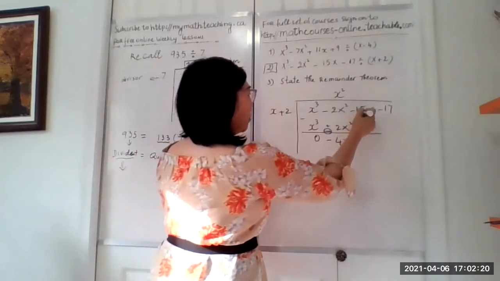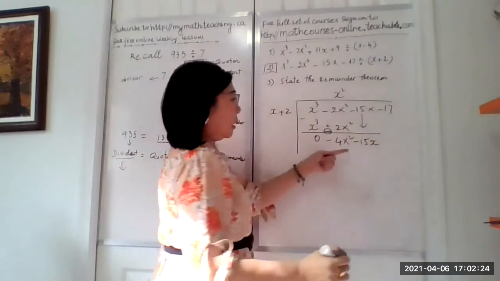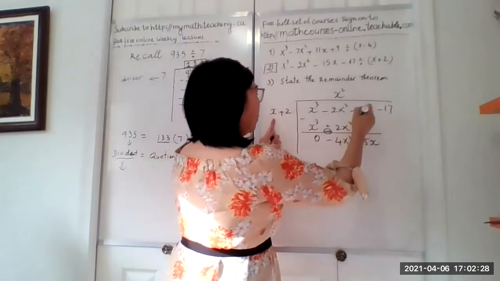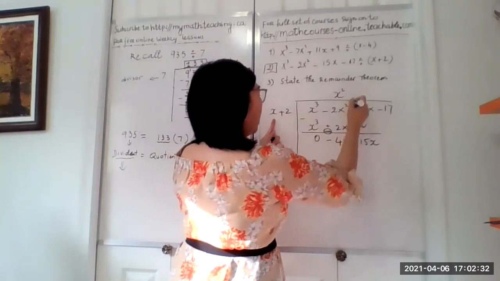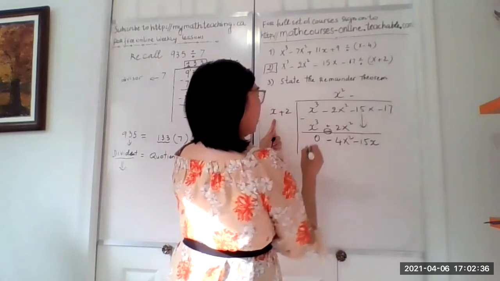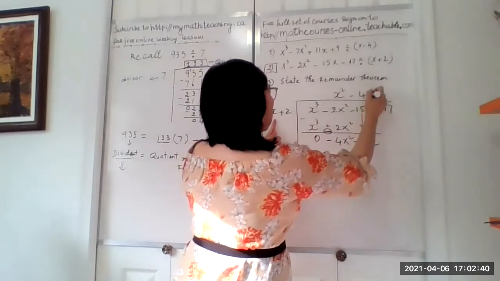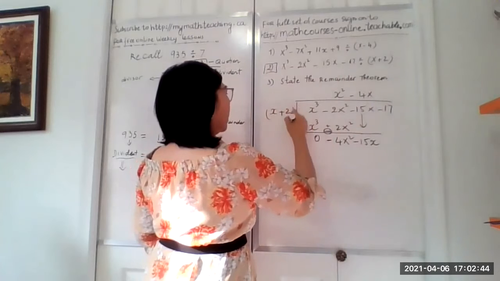Okay, so now we're going to bring down the minus 15x down here. Minus 15x divided by x plus 2. We'll find a number times x equal to negative 4x squared. And because I have a negative sign, I should put negative 4x.